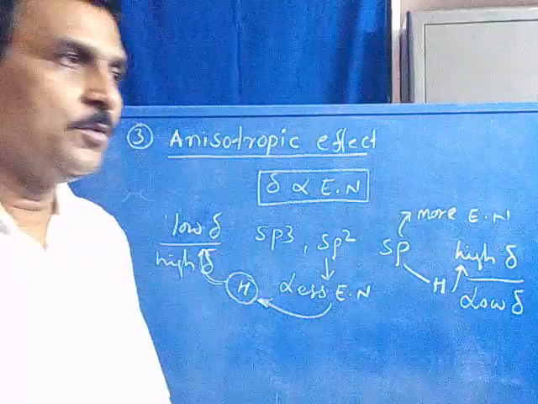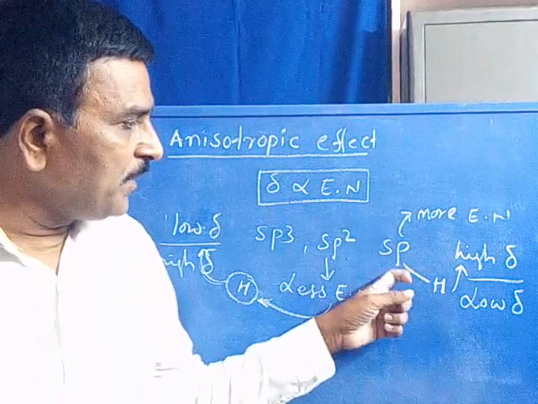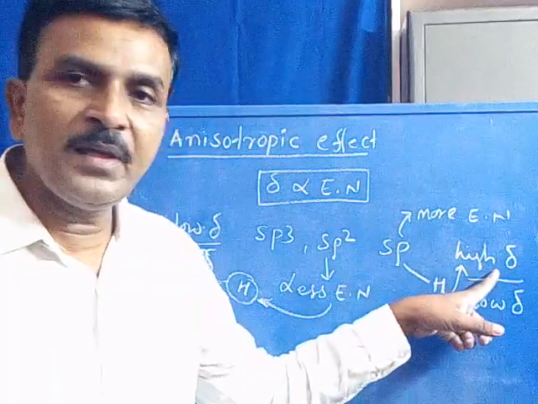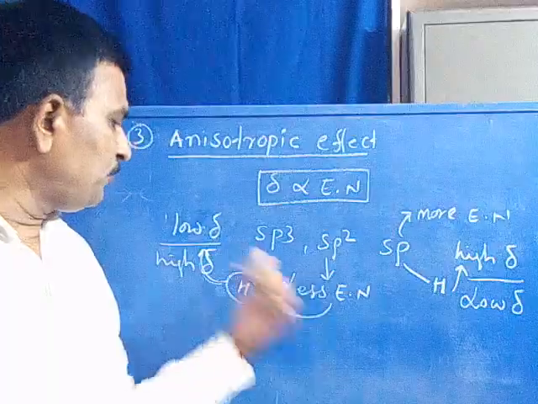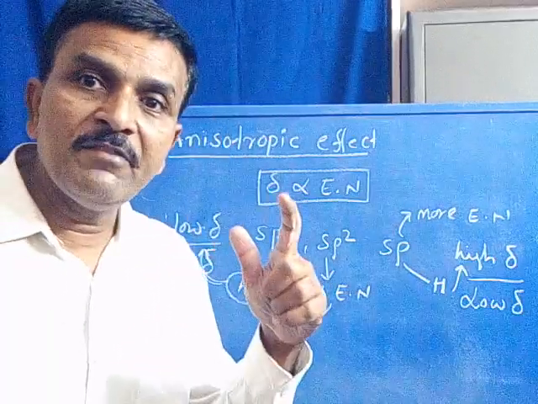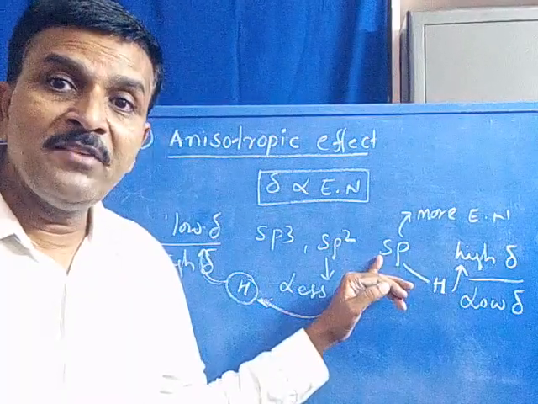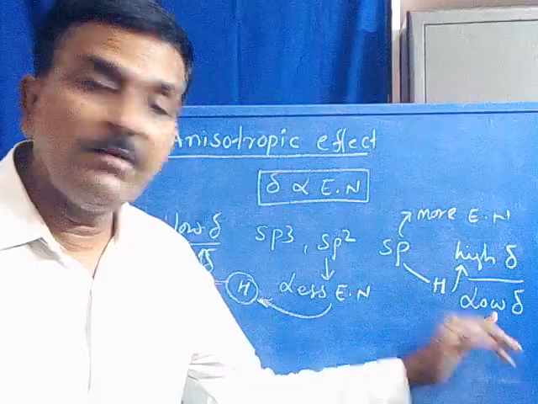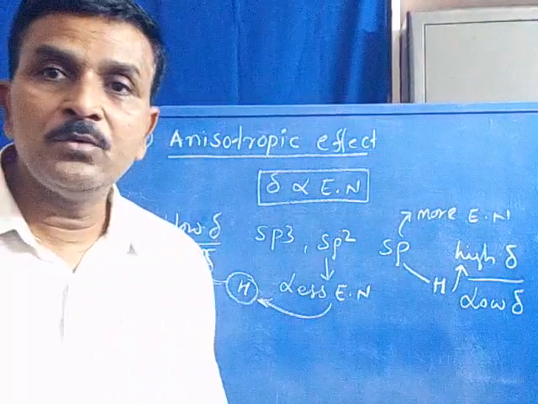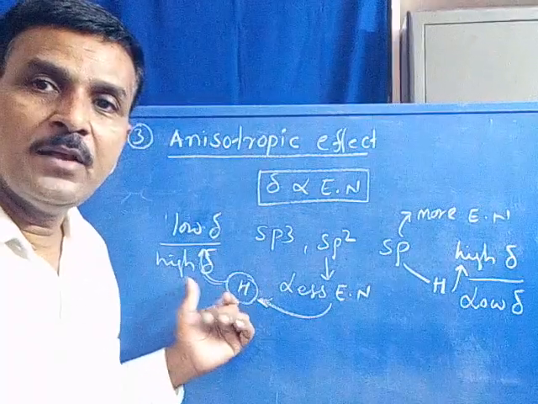High delta value. With respect to this relation, the protons of sp hybridized carbon should appear at higher delta value, and sp2 at lower delta value. But practically, when we recorded, the protons attached to sp hybridized carbon appear at lower delta value, whereas the protons of sp2 hybridized carbon appear at higher delta value.